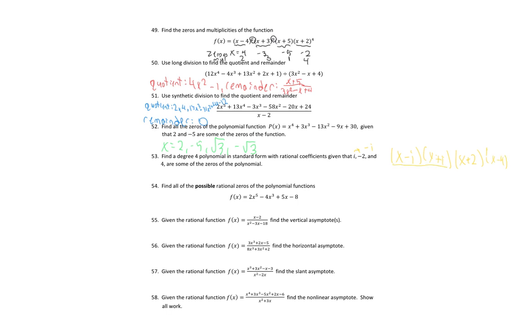I'm going to multiply these two together first. So it's going to be x squared plus ix minus ix minus i squared. i squared is negative 1, and these cancel, so x squared plus 1 times x plus 2, x plus 4. And I'll just go ahead and keep multiplying.